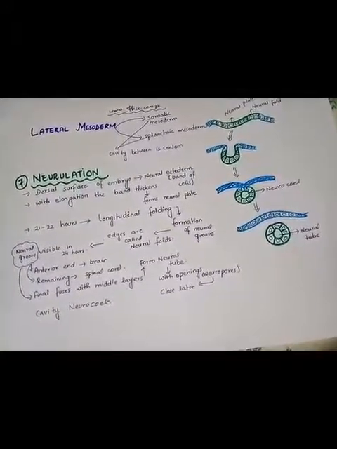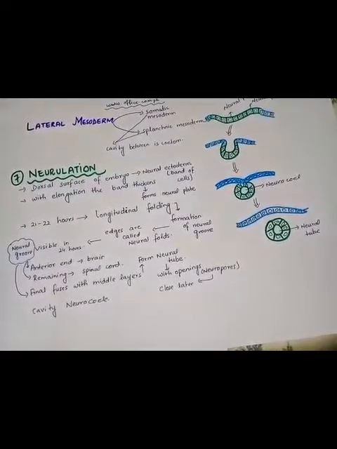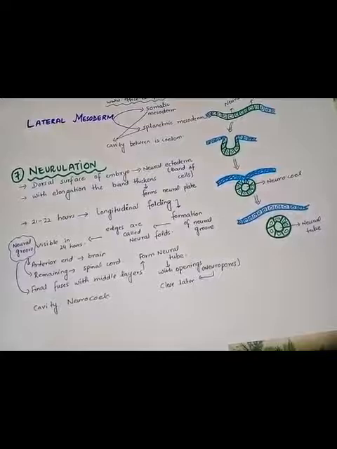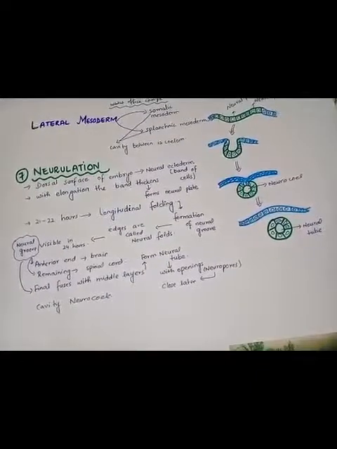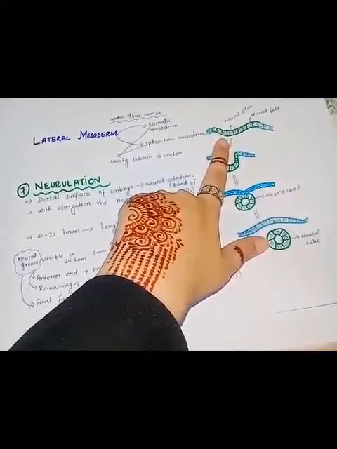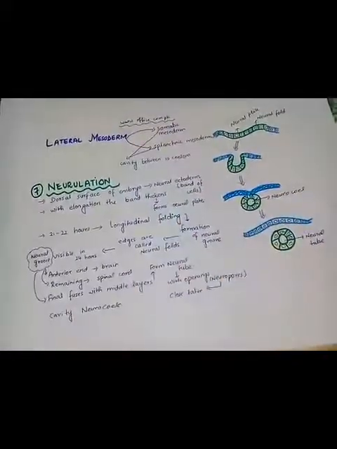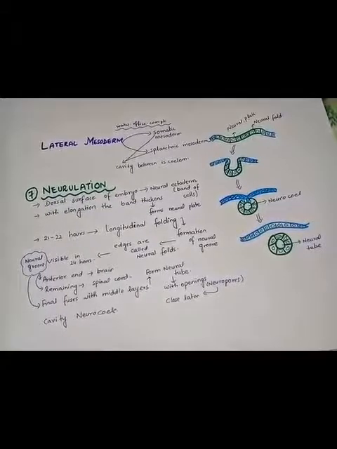The cells are large, tough and thick as well. So as soon as the band becomes long, the cells become thick and they form the neural plate. As you can see in the diagram, it will form the neural plate because it will now become hard enough so that you can call it a plate.